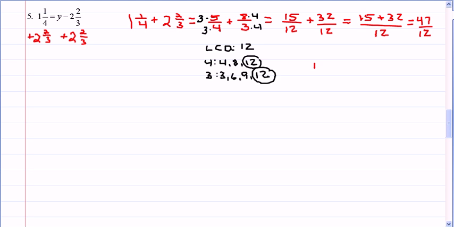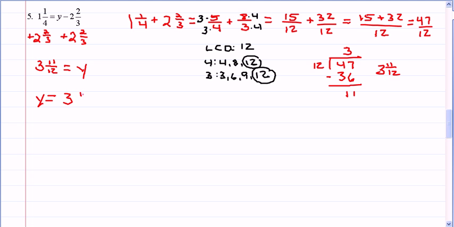And 47 over 12 as a mixed number can be written as 3 and 11/12. So my value for y is 3 and 11/12. So I can write 3 and 11/12 equals y, or y equals 3 and 11/12.